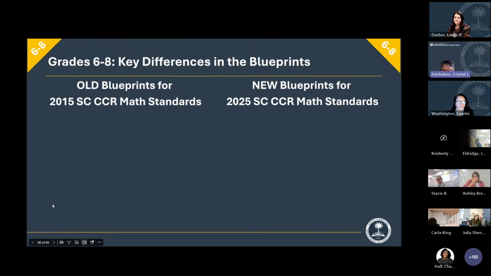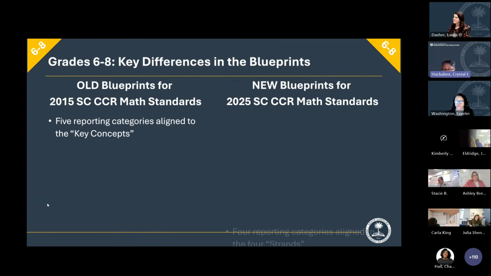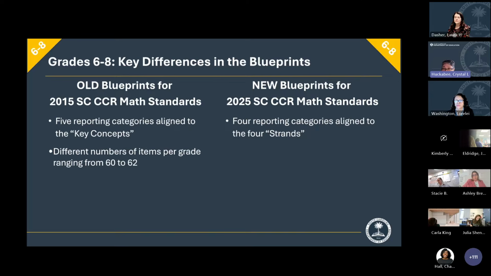Moving on to grades 6 through 8, looking at the differences here. On the old blueprint, again, 5 reporting categories that were aligned to key concepts. New blueprint, 4 reporting categories aligned to 4 strands. That's the same as grades 3 through 5. Old blueprint, we had 60 to 62 items per grade level. New blueprint, again, we've reduced that to 50 operational items across all grade levels.